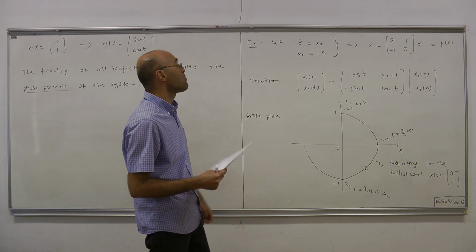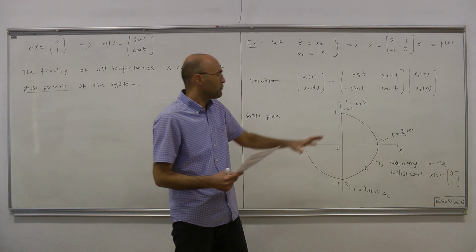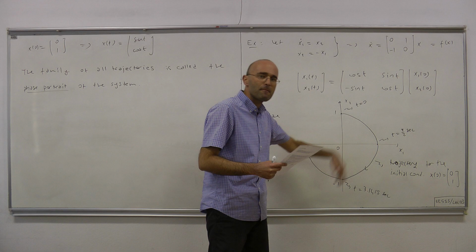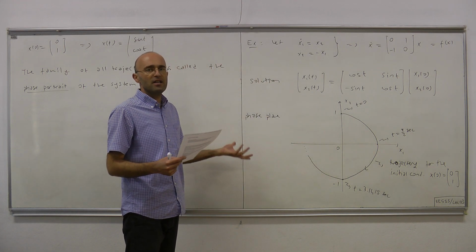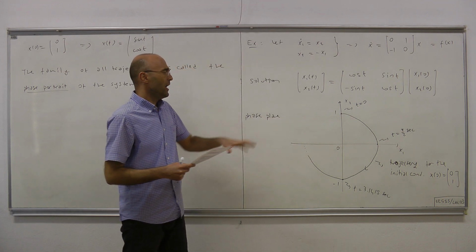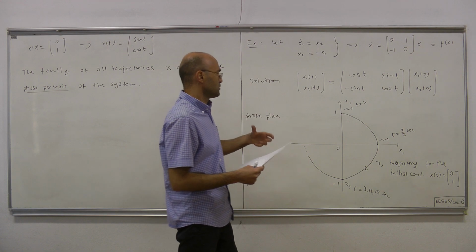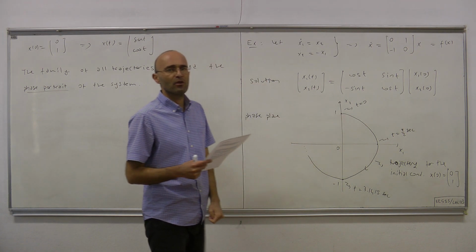We cannot put every possible trajectory on the phase plane. If you do that, it will just be completely dark, because every point is traversed and it tells us nothing. So we put a few trajectories, many enough to tell us the general behavior of the solution.